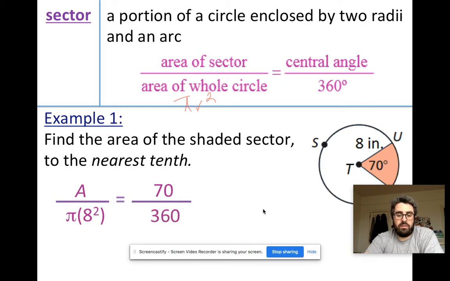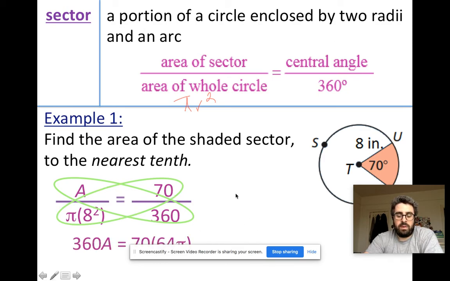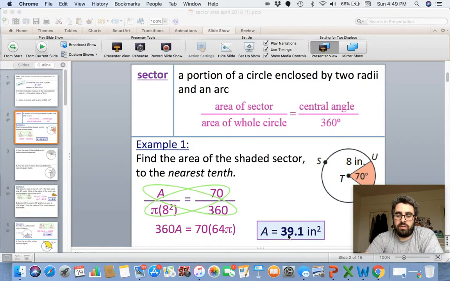Now, to solve, you're going to cross multiply. So 360 times A and 70 times pi times 8 squared. So you end up with 360A equals 70 times 64 pi. When you divide by 360, you get roughly 39.1 inches squared. So remember, this is area, so the units will always be something squared, in this case, inches squared.